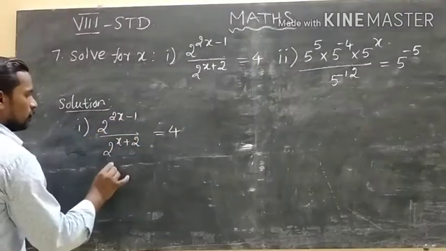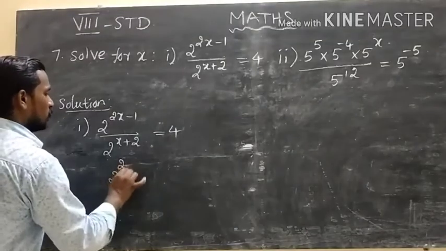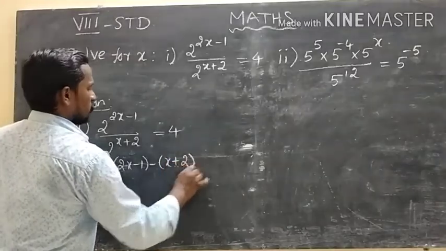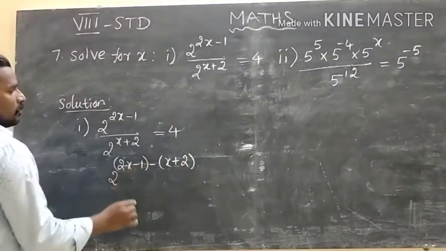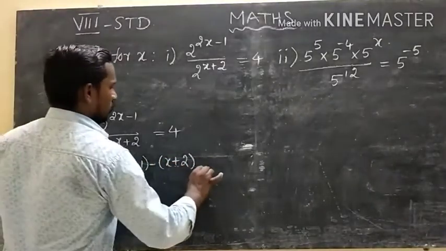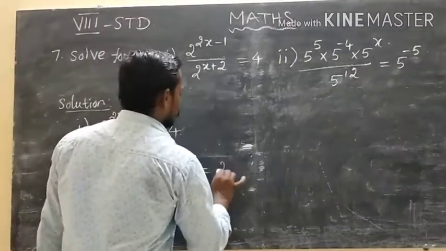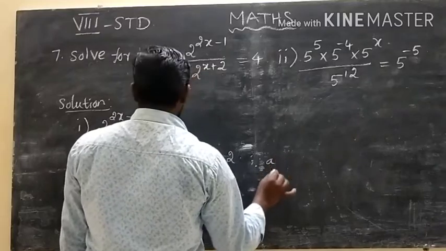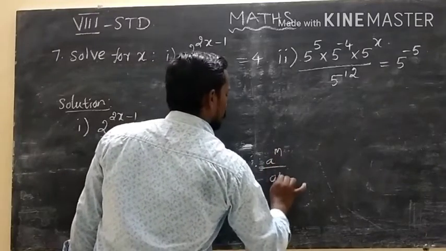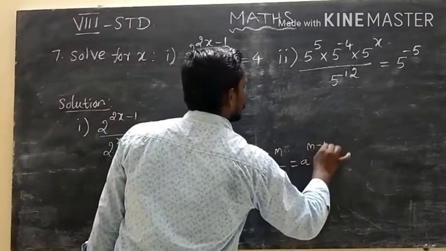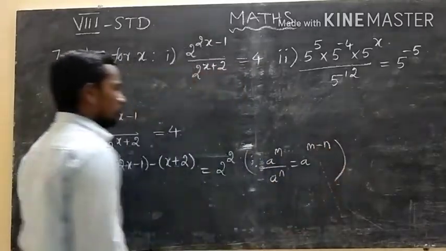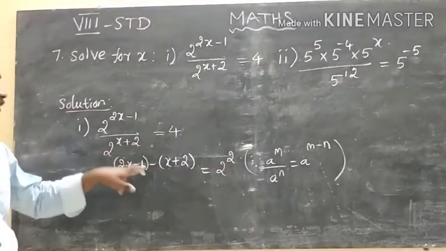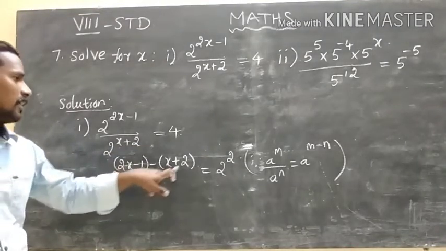Using the quotient rule, we get 2 power 2x minus 1 minus (x plus 2), which is equal to 4. 4 can be written as 2 power 2, since the rule is a power m divided by a power n equal to a power m minus n. This is the rule.